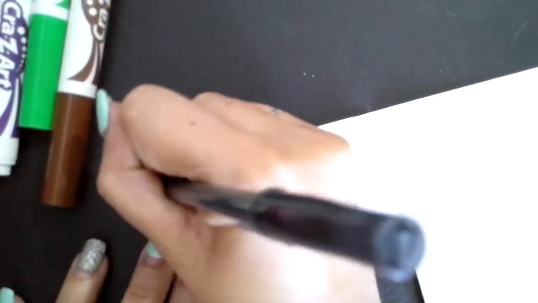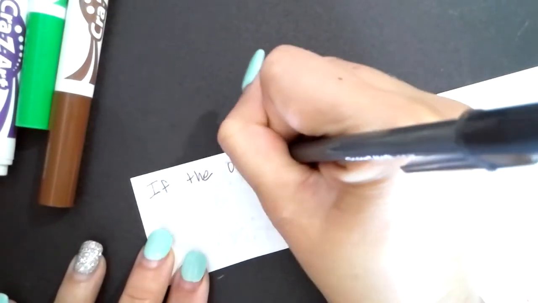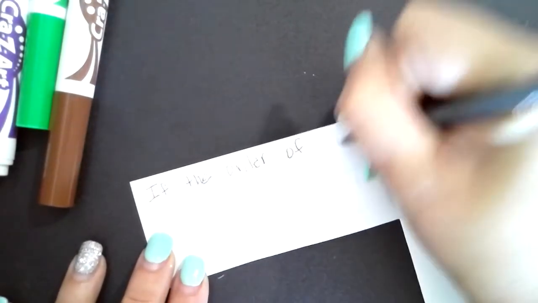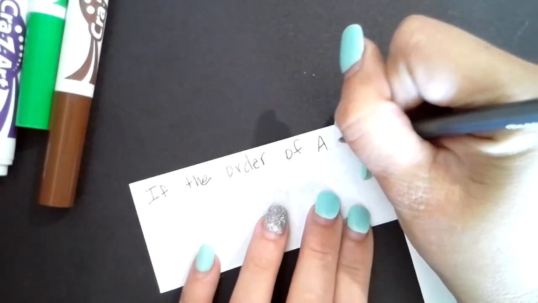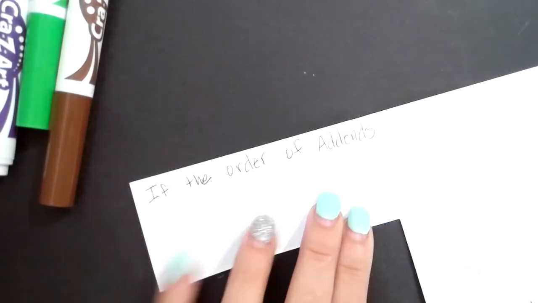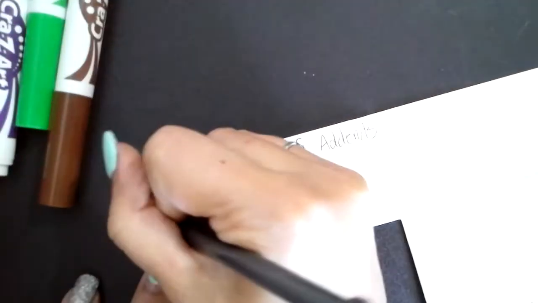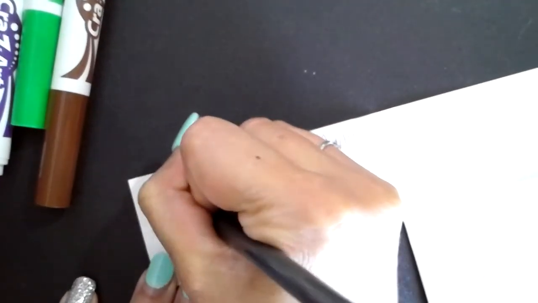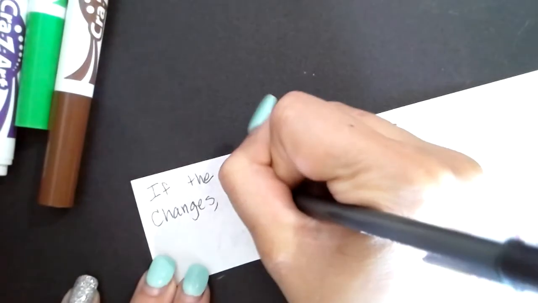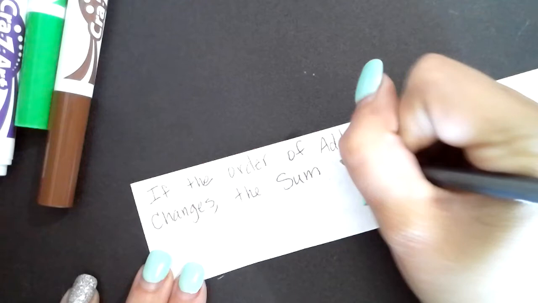So if the order of addends, those are the numbers you're adding, if the order of addends changes, the sum stays the same.